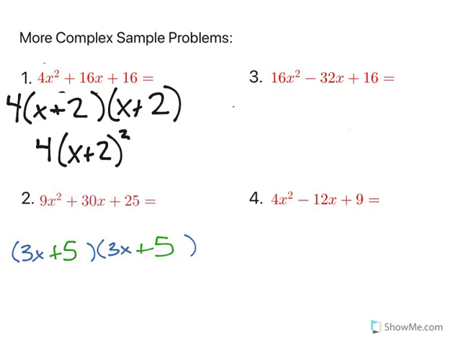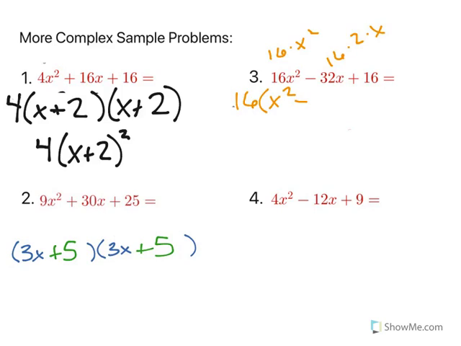So we're going to start by pulling that 16 out as our greatest common factor, and 16 times x squared gives us 16x squared, so the x squared goes on the inside. On our next term, we have negative 32x. We already saw that 16 times 2 would give us 32, and then times x would give us the 32x.